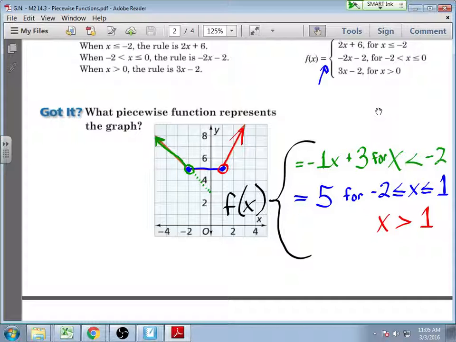So then I say -1x plus 3, or just -x + 3 for that domain. And sometimes instead of putting a 4 there, we'll just put a semicolon, because we're saying this is the graph where x is less than -2.